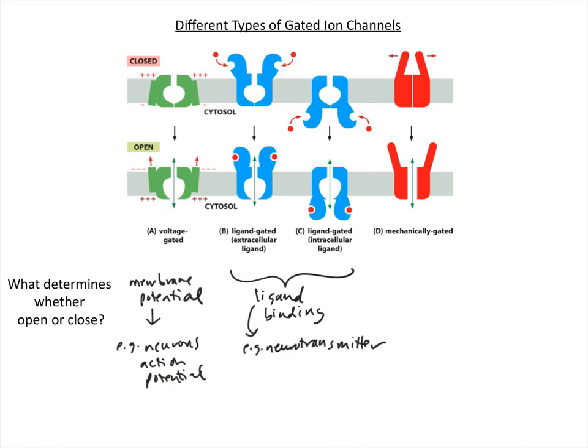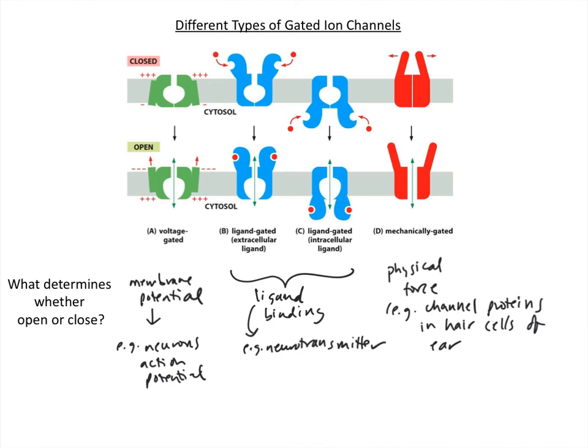Last but not least, we're going to talk about the mechanically gated ion channels. This type of channel protein will open depending on a physical force, which seems a little weird to imagine at first, but here's an example. There are channel proteins present in the hair cells of the ear, so this would again be membrane localized.